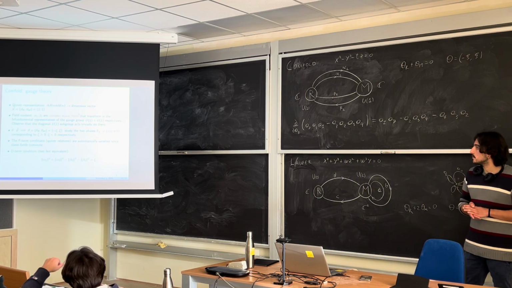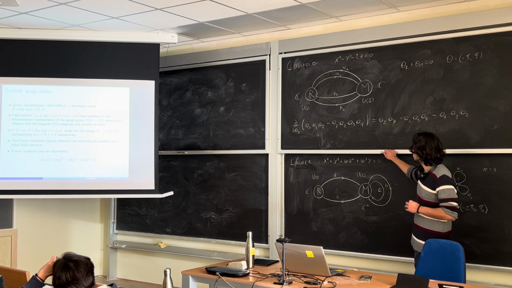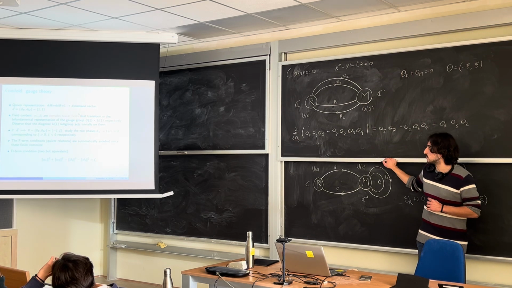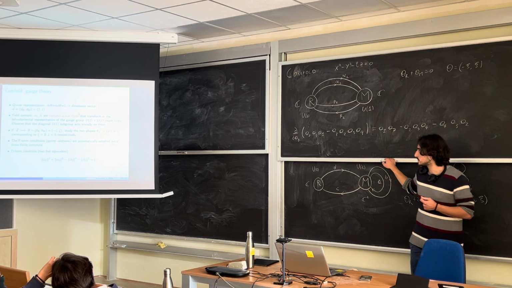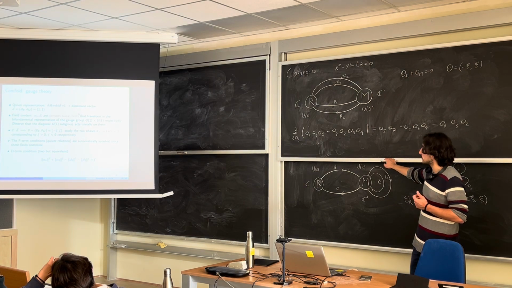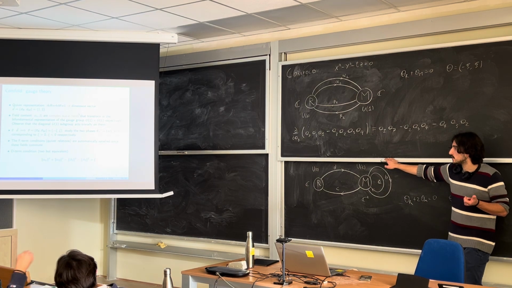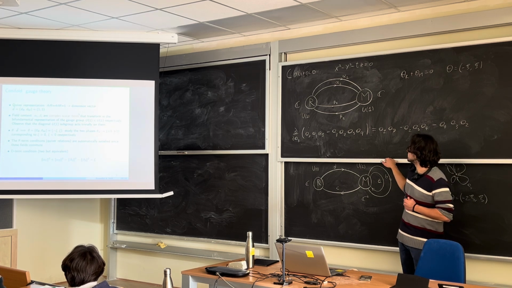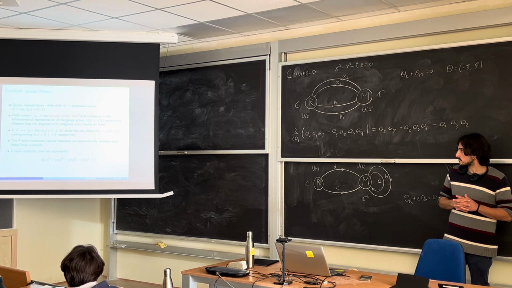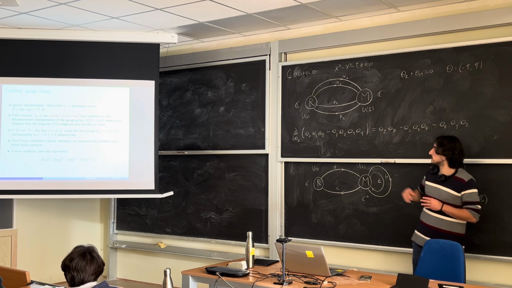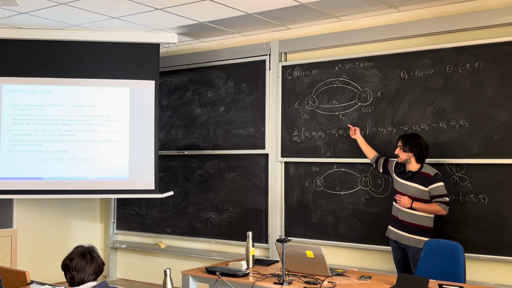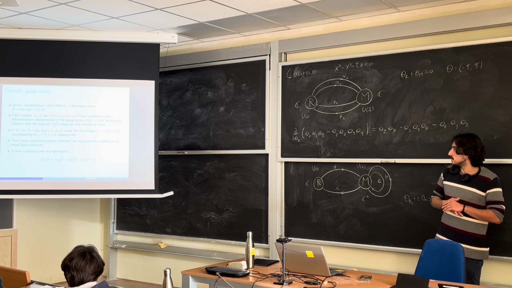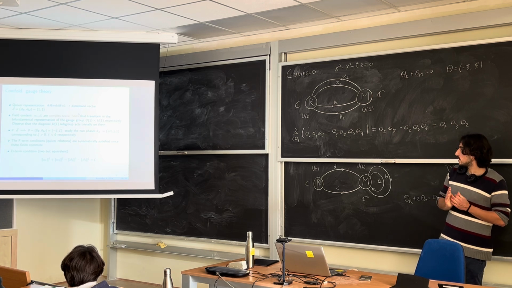Here, as I said, we have a dimension vector which is 1, 1, and the fields are just complex scalars that transform in a bifundamental of U1 times U1. And we can see that the diagonal U1 acts trivially on them.